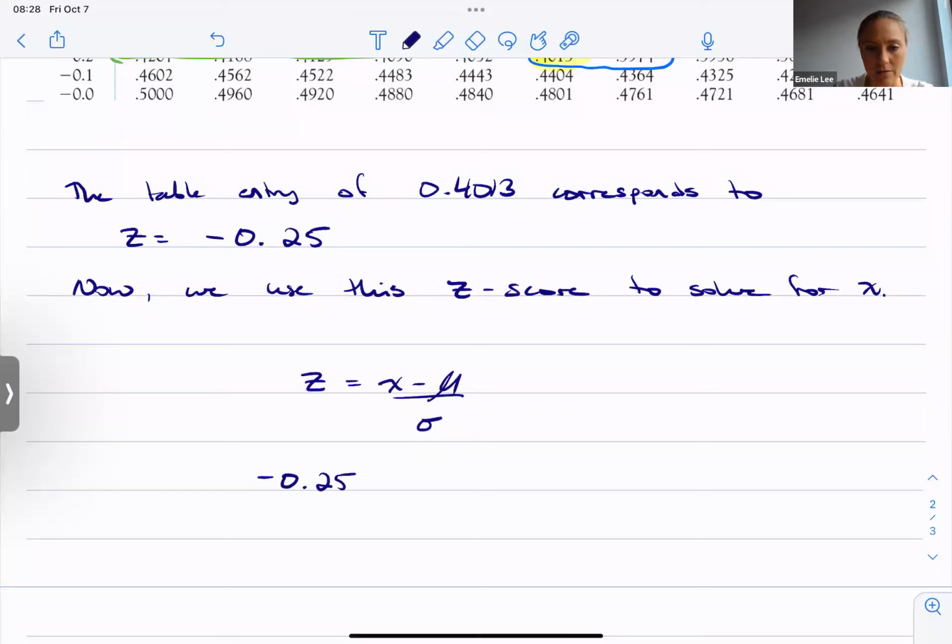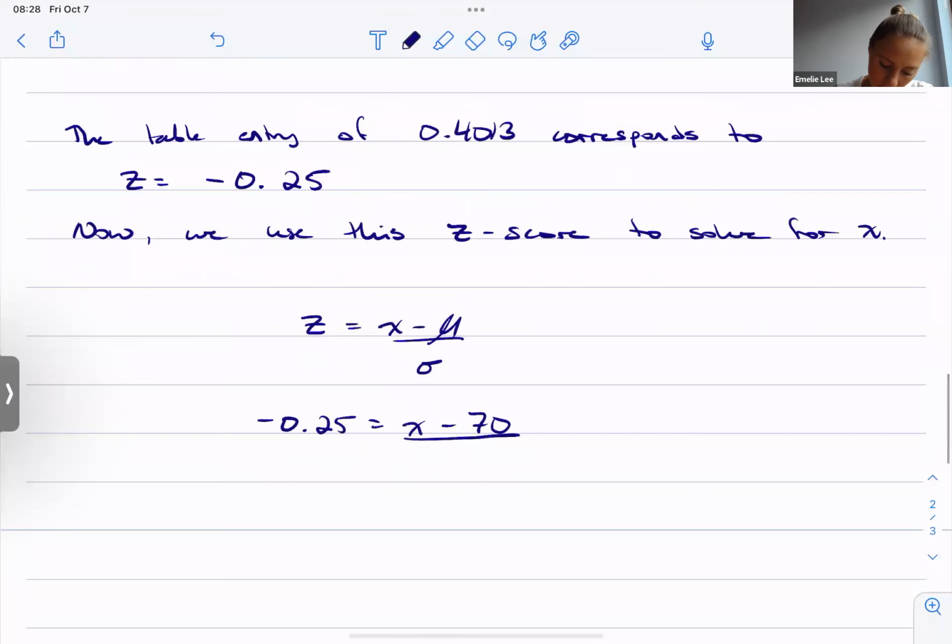Negative 0.25 is going to be X, which I'm solving for, minus mu, which was 70, divided by sigma, which was 3.3. Now be careful, because you're going to multiply this 3.3 over to the left-hand side, and then you're going to add 70, just order of operations.